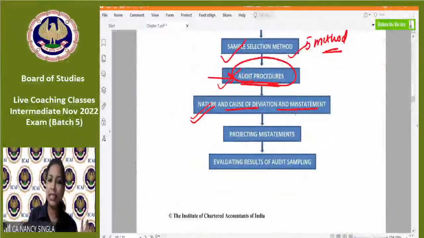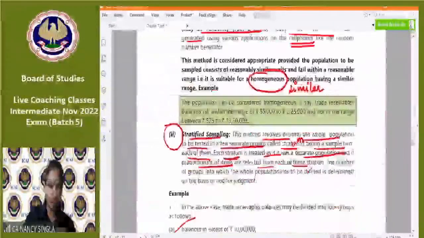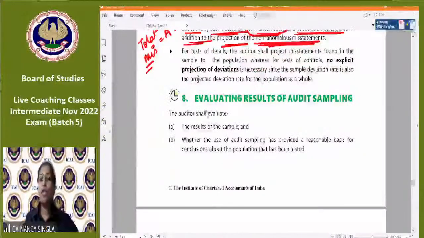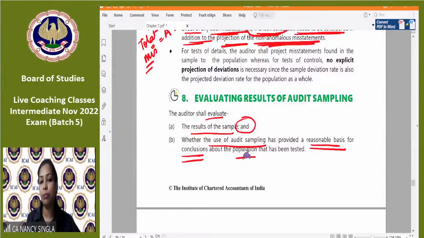I will revise the entire sample process, evaluating the results of audit sampling. Okay? Now, auditor shall evaluate the results of sampling. And he will also see whether the sampling has provided a reasonable basis for conclusion about the population.